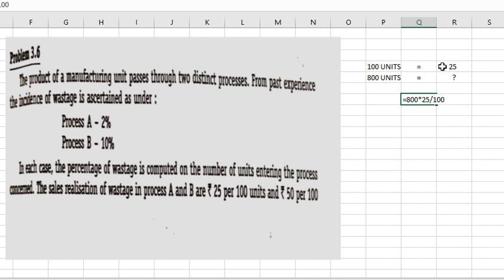When you cross multiply, the missing item will be the answer, which is equal to 800 into 25 divided by 100, and that will give you 200. So rupees 200 for 800 units. We will be taking that in your process account.